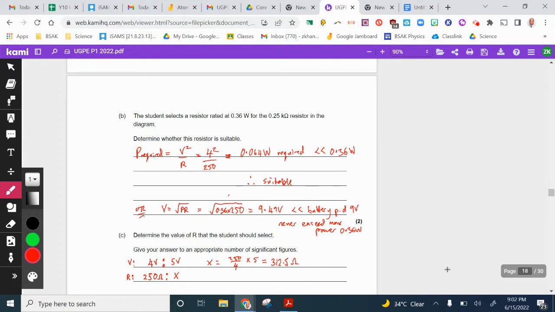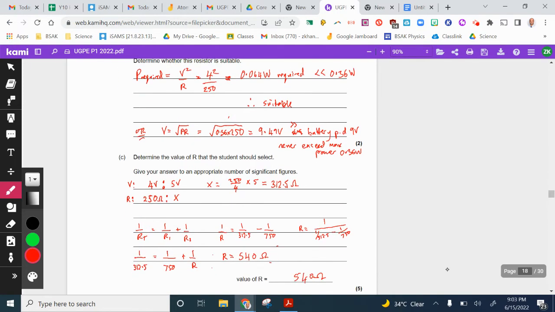You could have gone down this route of saying this is how much we need, which is significantly less than 0.36 watts, or we can say using this that the maximum voltage it could have is 9.49, which is greater than the battery voltage. Sorry, that should be the other way around. So it's never going to get there, and never going to go beyond the maximum power dissipation of that particular resistor.